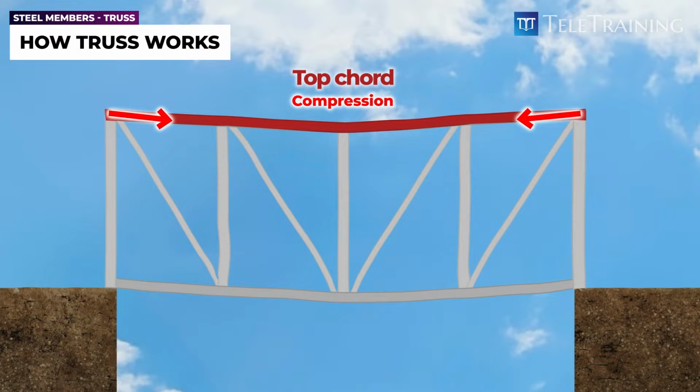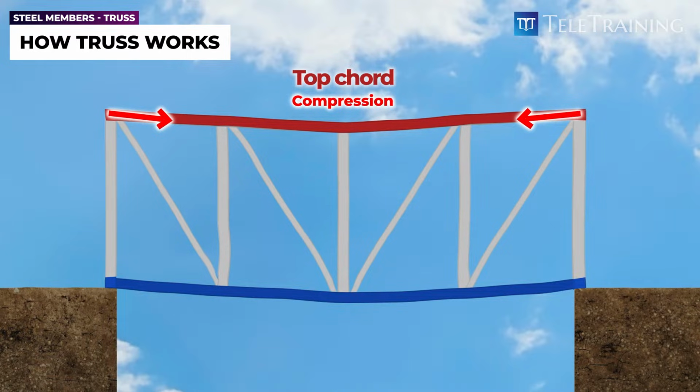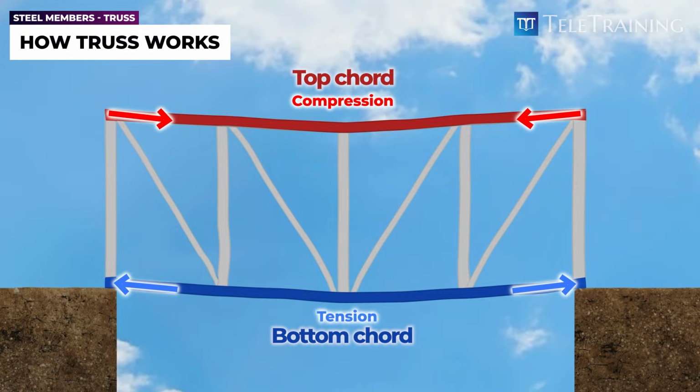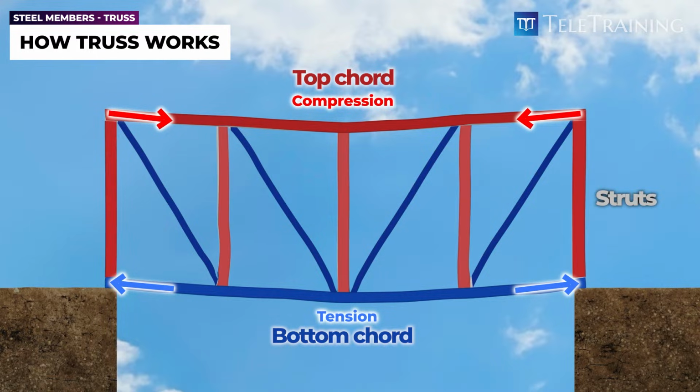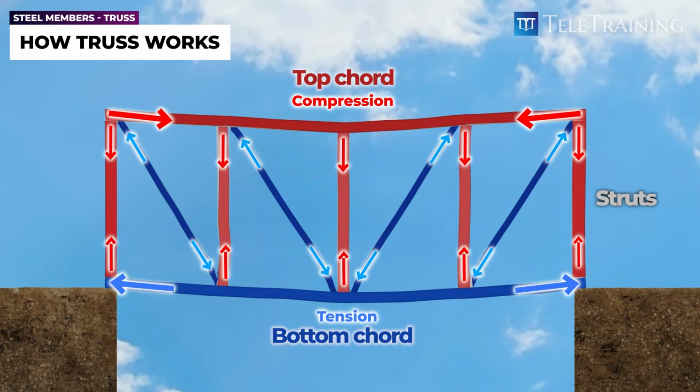Similarly, the members in the bottom row, also known as the bottom chord, will be in tension, just like the bottom layer of a sagging beam. While this is happening, the diagonal and vertical members between the chords, also known as struts, will be in either tension or compression. Whether a particular member experiences tension or compression will vary according to its position in the truss.